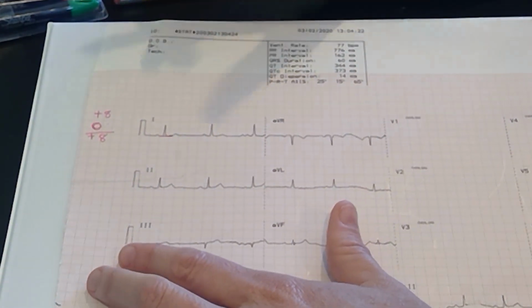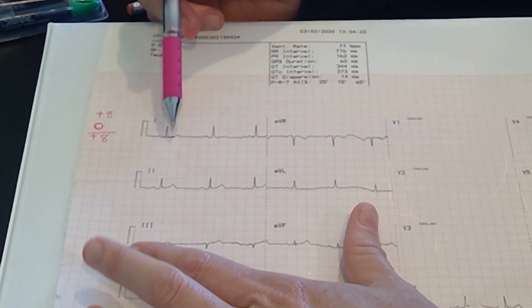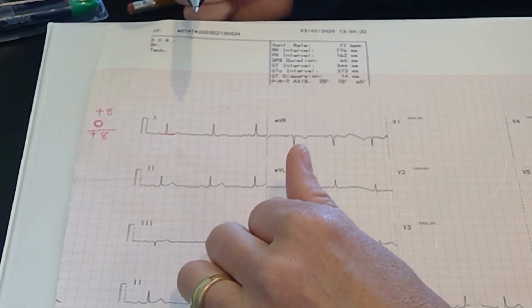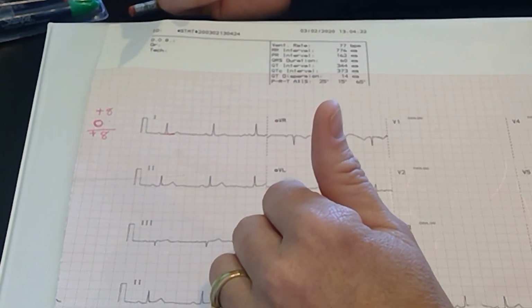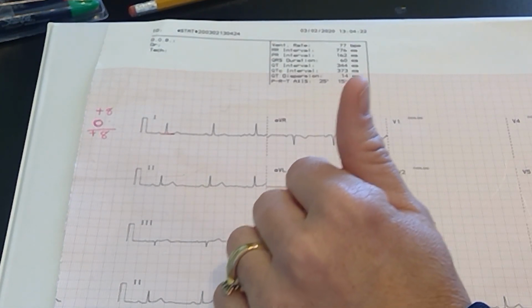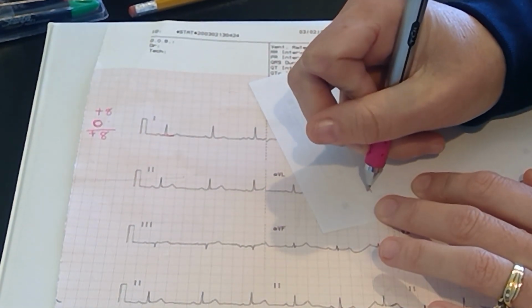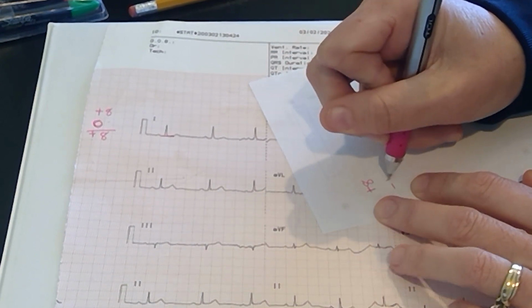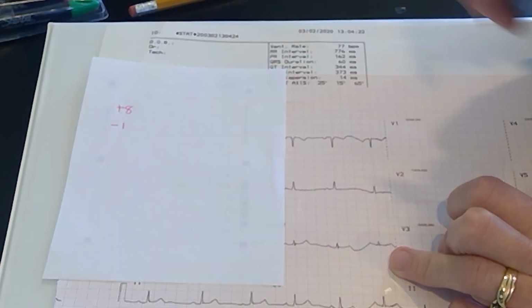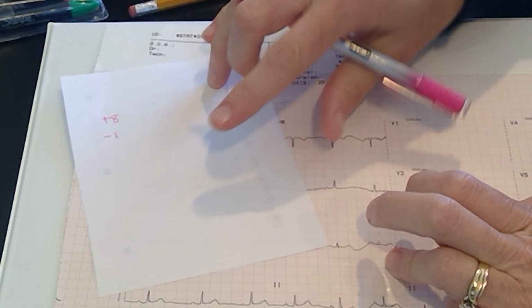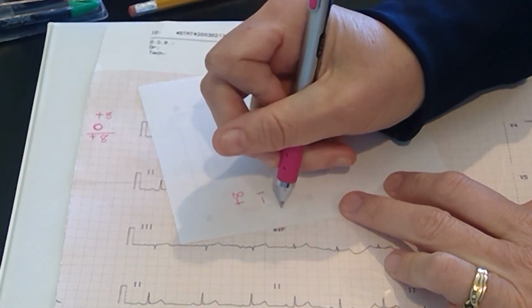If, let's say, you had a negative deflection for your S, and it was a -1, let's say you had a +8 and a -1, then you would take the algebraic sum of that.